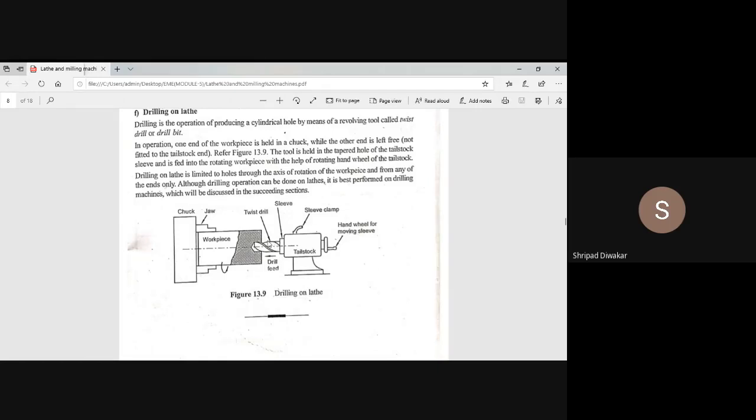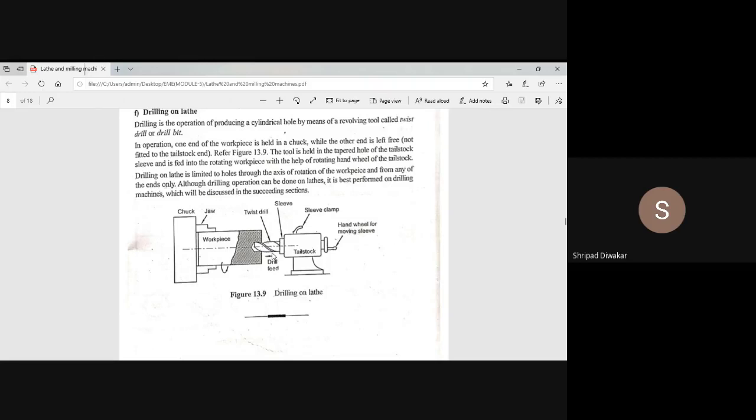This is called a twist drill. It has helical grooves, like the helical gears you studied. The purpose of the helical grooves is that when chip generation takes place, with the help of the helical grooves the chips automatically move out from the tool.